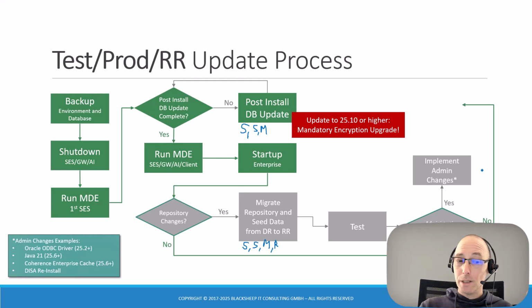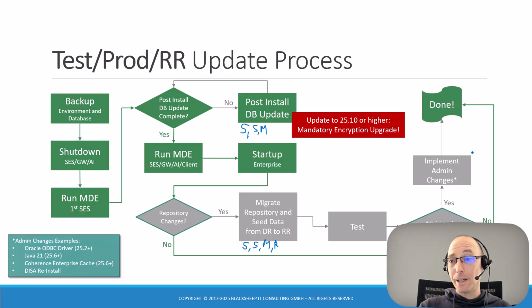And you probably have administrative changes, replace those jar files that have been recompiled, set up the coherence cache, all the goodies that you now have with 25.12 and higher. And now your test environment is updated, and in the same way you update your production environment.